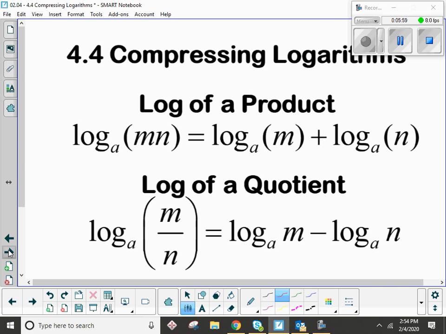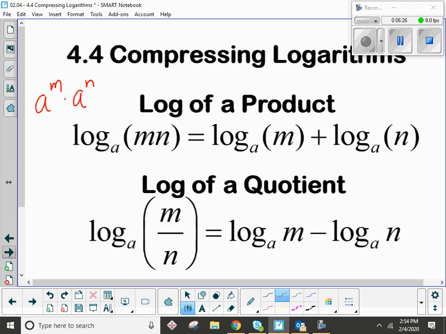So there's 3 altogether. These first 2 properties are kind of like similar properties we learned with exponents. You know, when we talked about taking a product, so this is log of a product, when we're multiplying 2 bases with exponents, what do we do with those exponents?